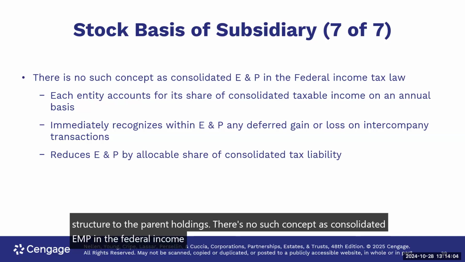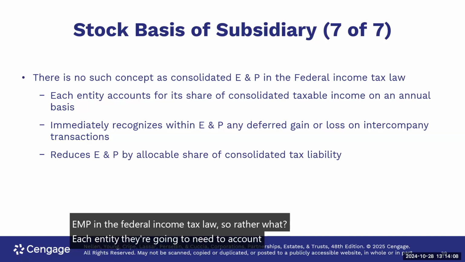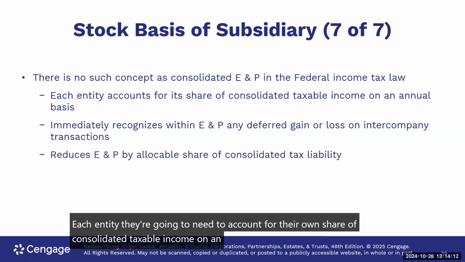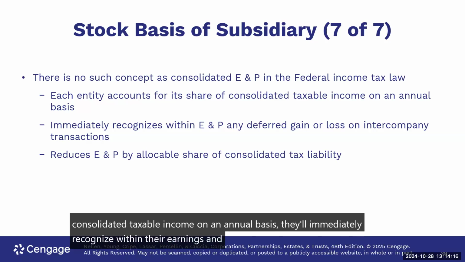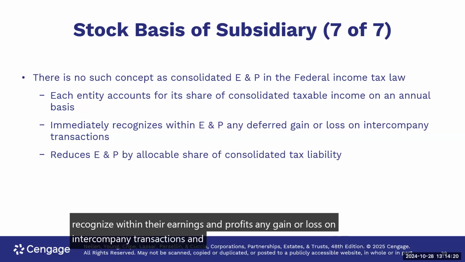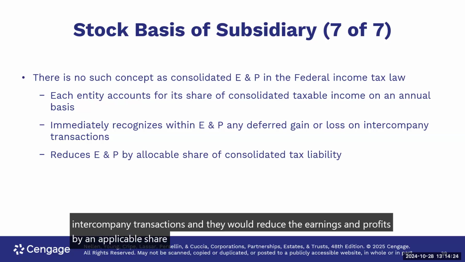Rather, each entity is going to need to account for its own share of consolidated taxable income on an annual basis. They'll immediately recognize within their earnings and profits any gain or loss on intercompany transactions, and they would reduce the earnings and profits by an allocable share of the consolidated tax liability.